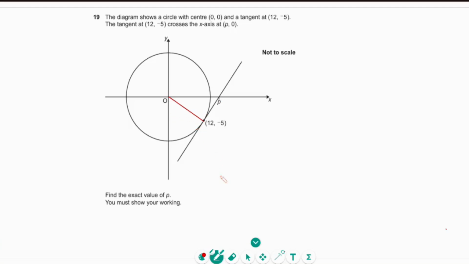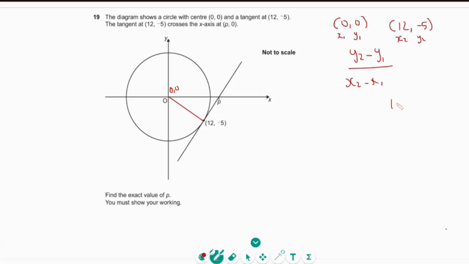I can find the gradient of this radius. I know 0, 0. Gradient formula is y2 minus y1 over x2 minus x1. x1, y1, x2, y2.